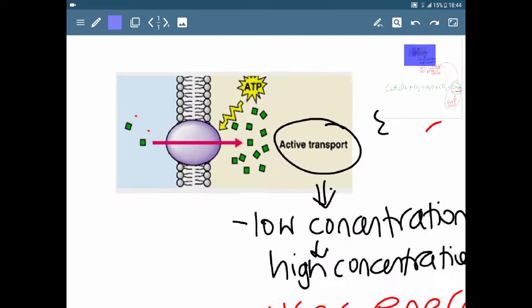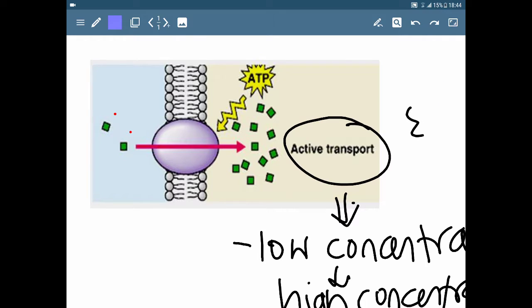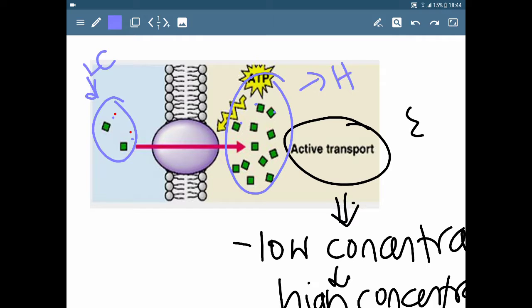So, in this diagram, there are two particles over here, and there are more than two over here. So this has a low concentration, and this has a high concentration.